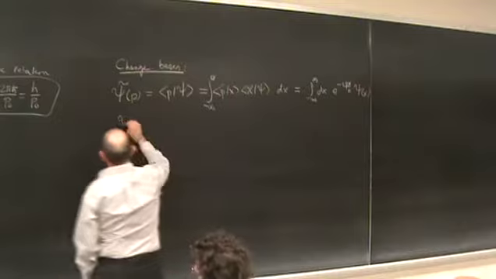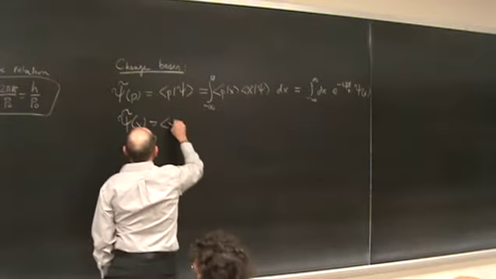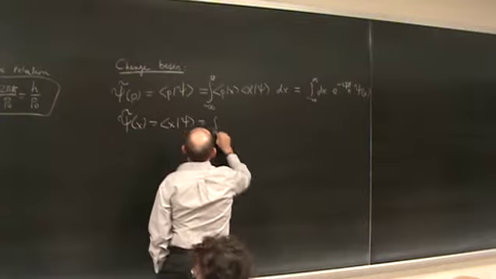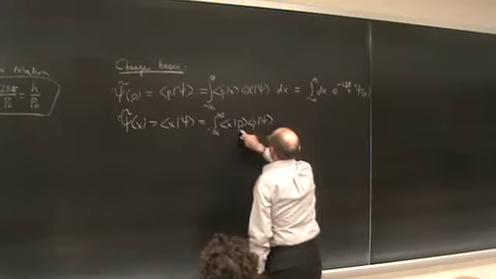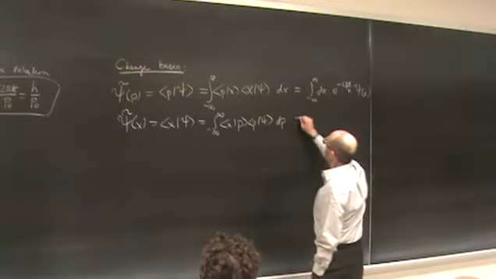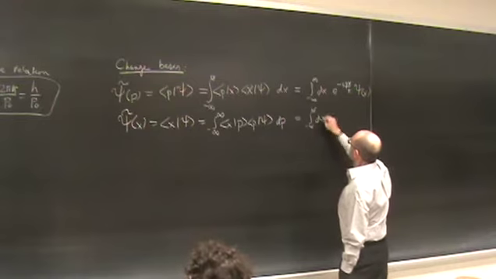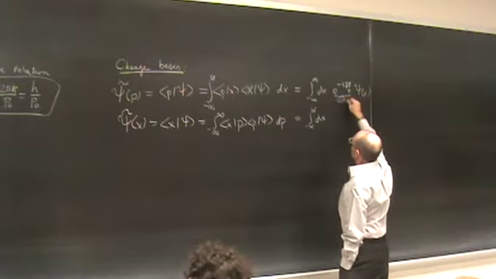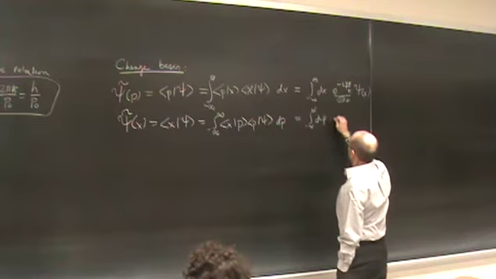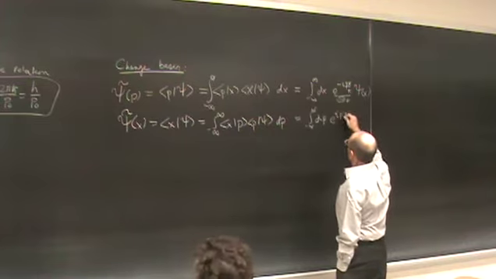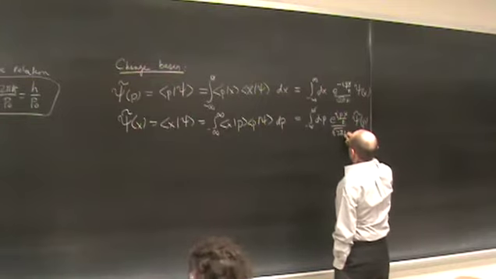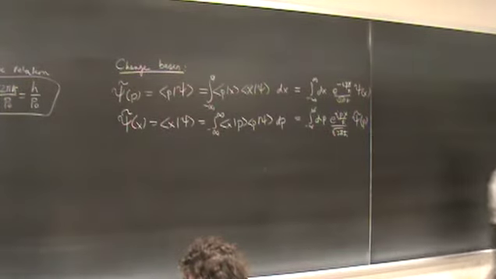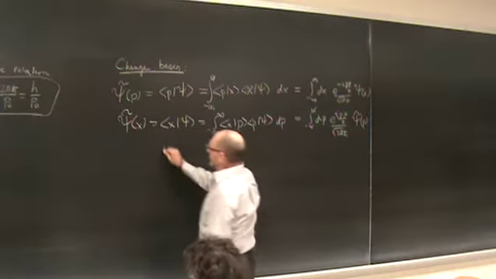Or equivalently, if we want to go the other way around, I can insert a resolution of the identity with respect to the momentum basis. And this, of course, is nothing more than the Fourier transform.